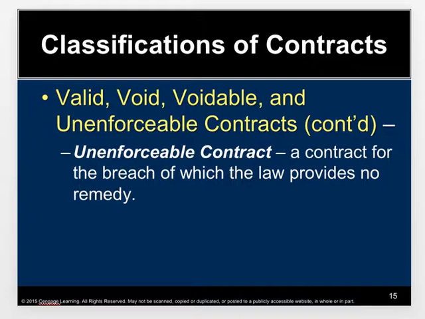Let's say that I enter into a contract with you where I say, I'll pay you $1 million if you don't marry a white person, right? So that would be a racist contract, and it would actually violate public policy. And so that contract would be unenforceable. I could not enforce that particular contract.